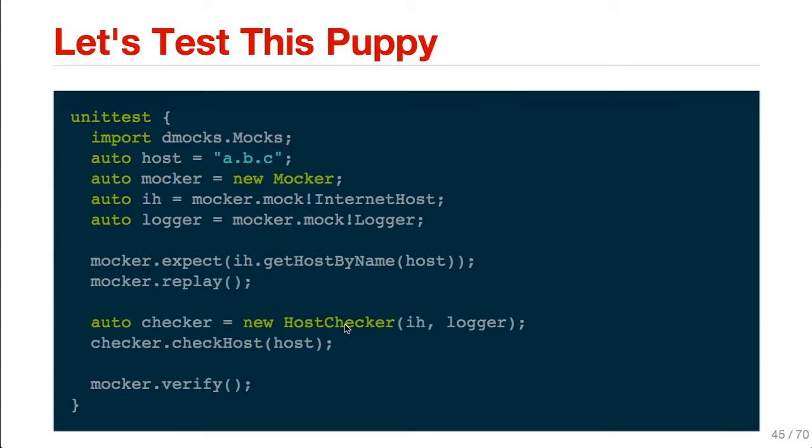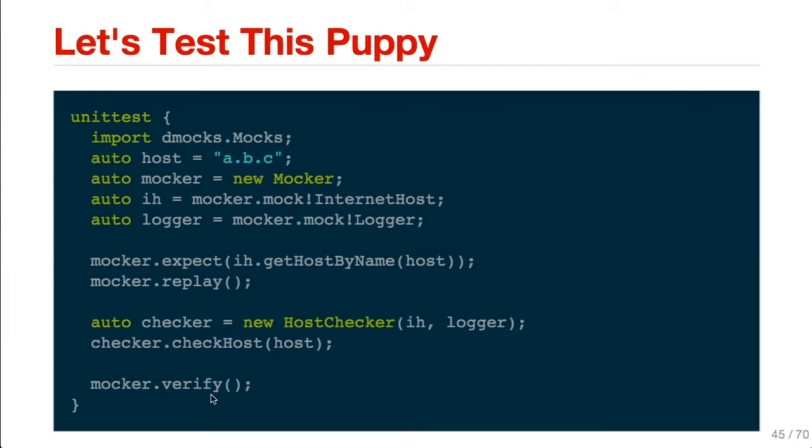The class under test has no idea whether it's being passed the actual implementations or mocks that model the implementation. As long as they adhere to the interface of the class that is in its constructor, it'll work just fine. Then I call the method checkHost and pass in the host in question. And the last statement tells all of the mock objects to verify that they have behaved as I've programmed them to.